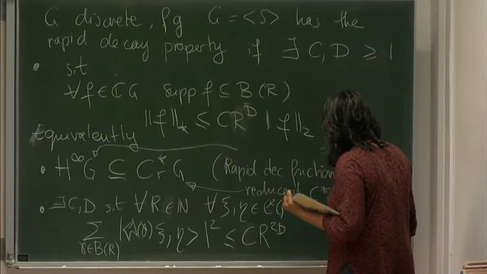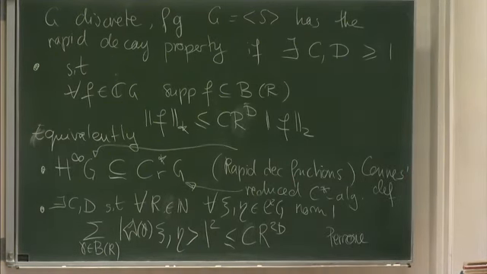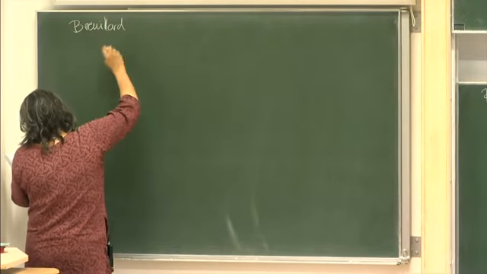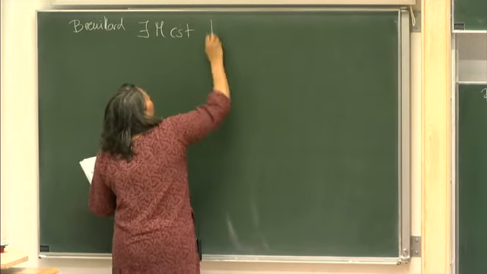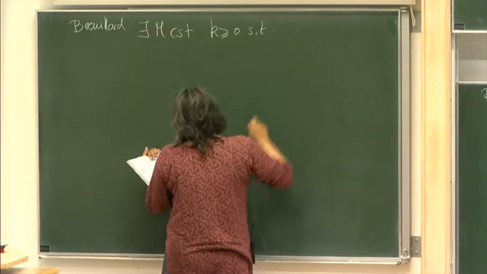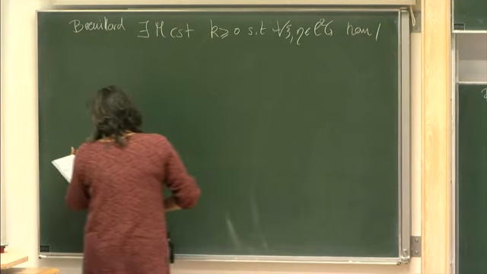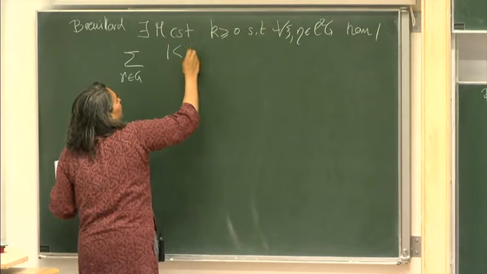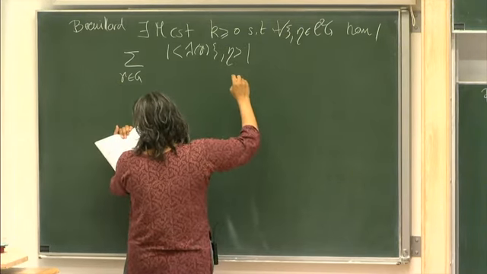So this characterization is due to Mattia Perrone, and it's a variation of another characterization that's due to Emmanuel Bruyat, and that says that there exists M, a constant, and k greater or equal to 0, such that for any C n in L2 of G of norm 1, the sum over gamma in G of the coefficient of the regular representation, is there a square here?